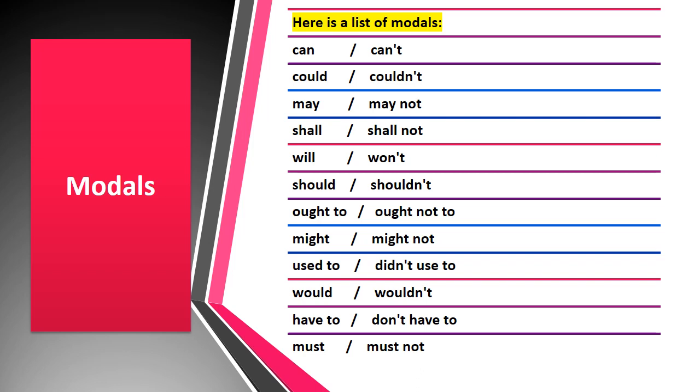And when you have to express negative meaning, then you can use not after that. For example, can, negative is cannot. And when you are converting the modal verb into negative, it can also be contracted. Instead of writing cannot, we can write can't. Same way could, negative is could not, which can also be written as couldn't. So I hope you have understood this.